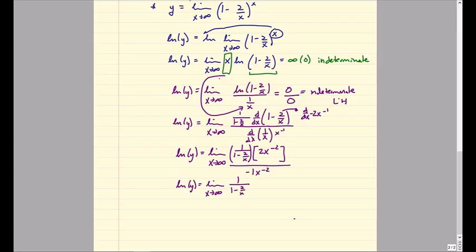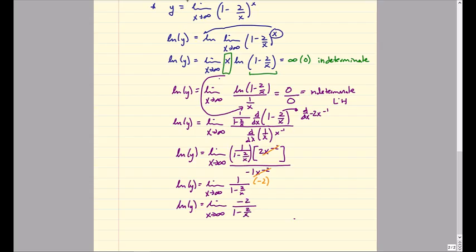And for this piece, I can see that the x to the negative 2's cancel. 2 divided by negative 1 is going to be a negative 2. So I'm left with the natural log of y equals the limit as x approaches infinity of negative 2 over 1 minus 2 over x.